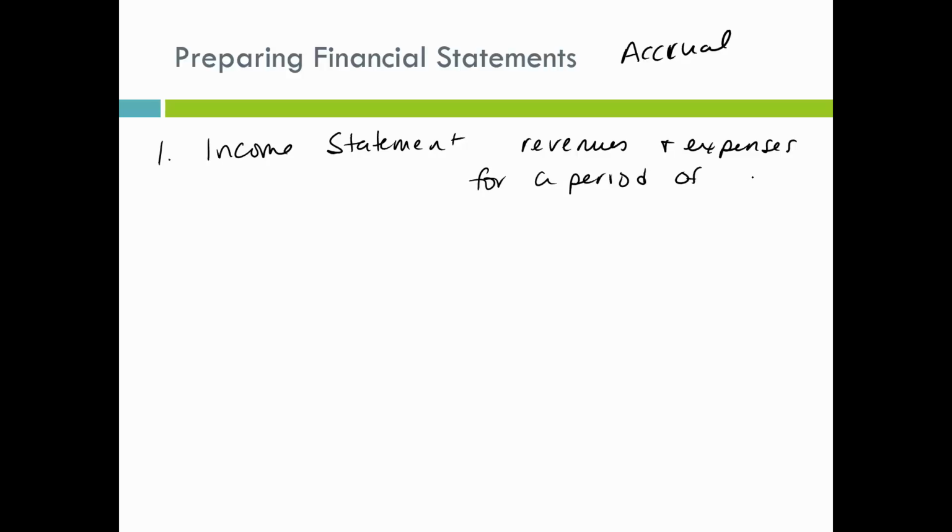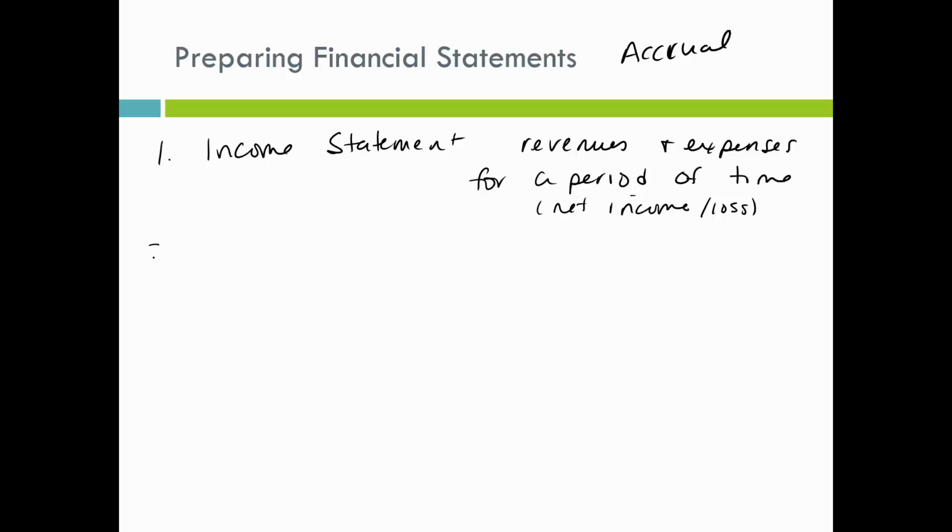So it will be for the year ended such and such, or for the month ended, or for the quarter ended, but it shows all the activities that took place within a set amount of time, and the title will tell you that amount of time. It also shows us the net income or the net loss, and that net income or loss is given to the owner. And again, everything we do in Accounting 1 is a sole proprietorship. We won't get to partnerships and corporations till Accounting 2.